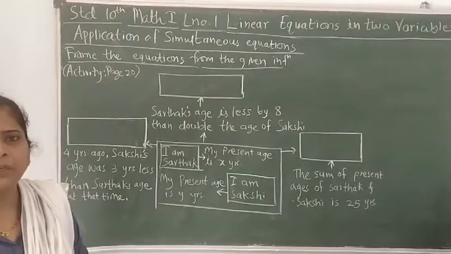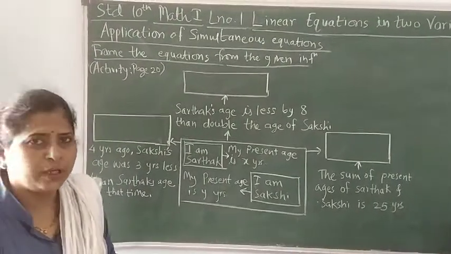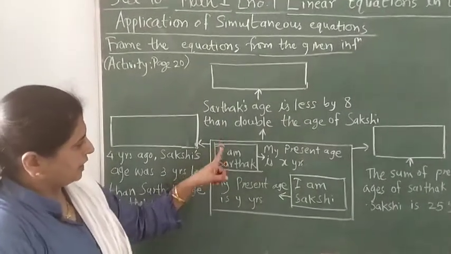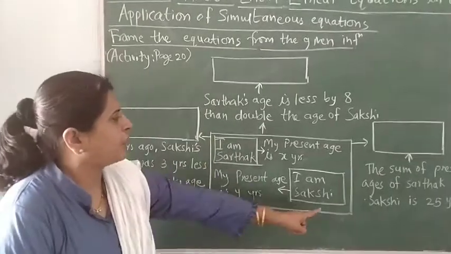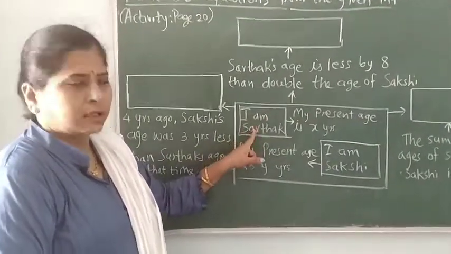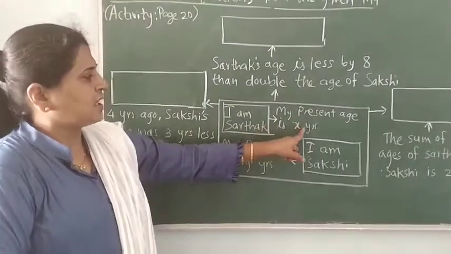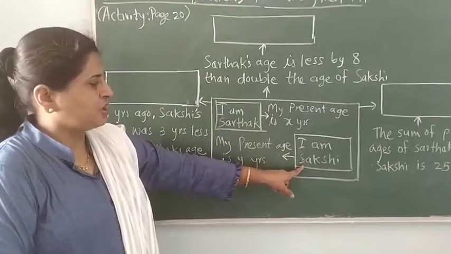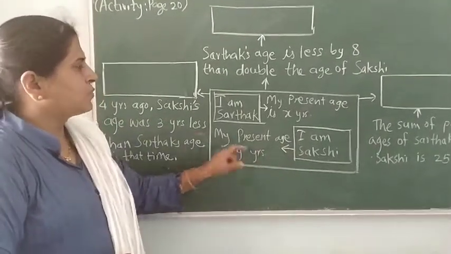Let's see one activity in your textbook on page number 20. Now what is this activity? I have written on the board. You can see in that activity that there is a rectangular box. Here it is given that I am Sarthak and my present age is X years. And I am Sakshi and my present age is Y years.